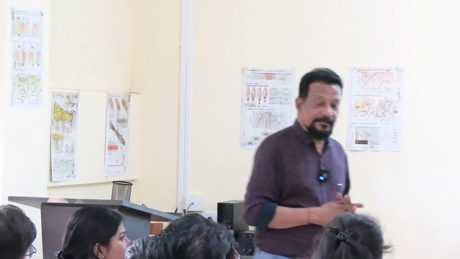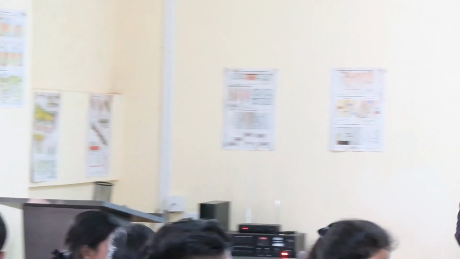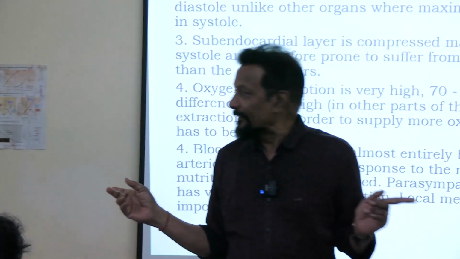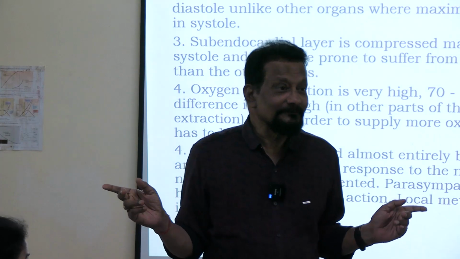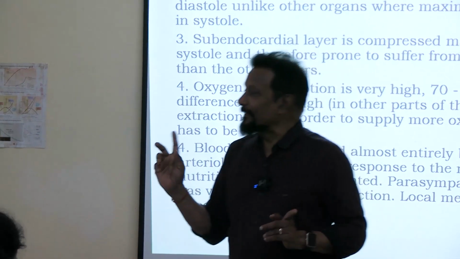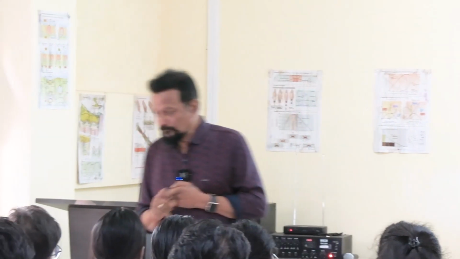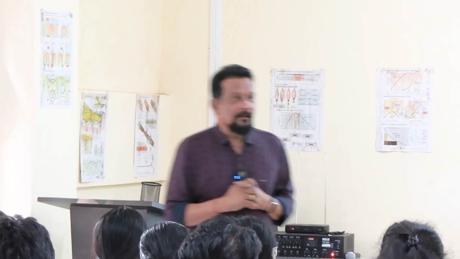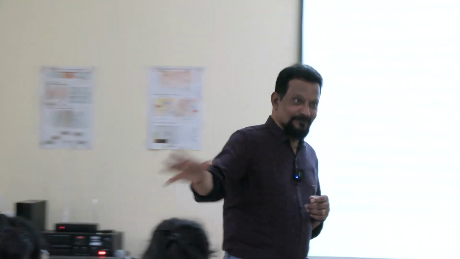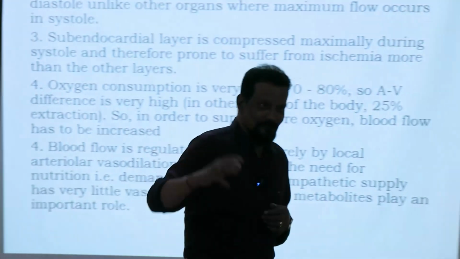cardiac output. Do you know what cardiac output is? Don't know. Who can say? Who can tell? Cardiac output we generally express in two terms. One is stroke volume. We came to know what stroke volume is.